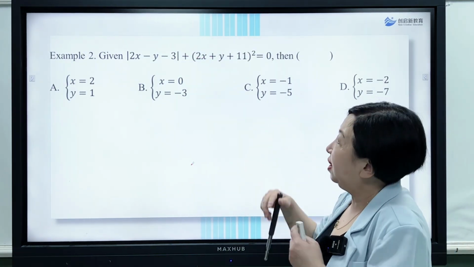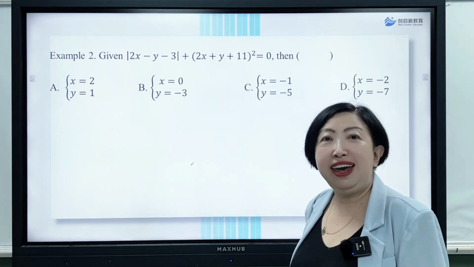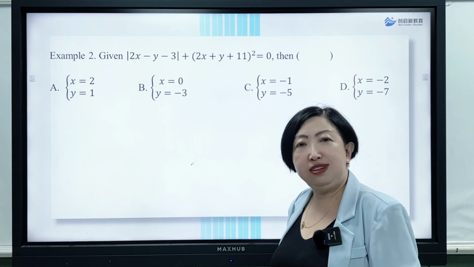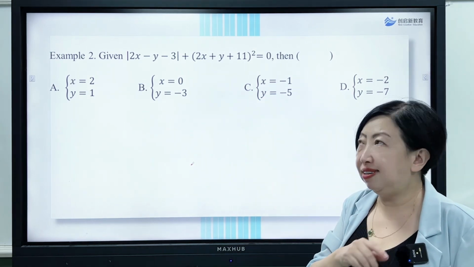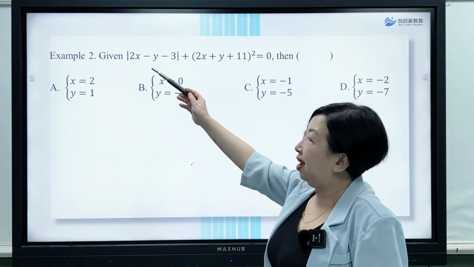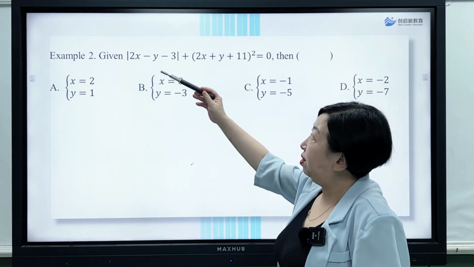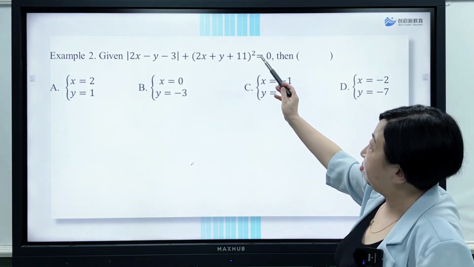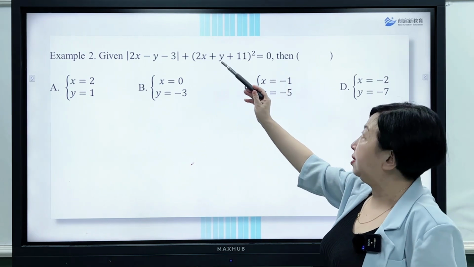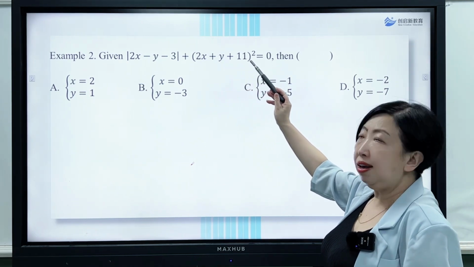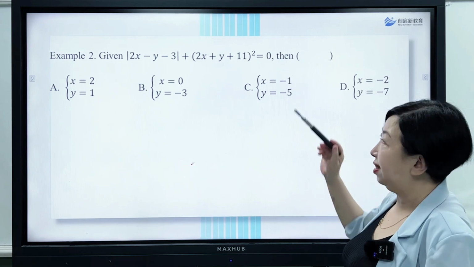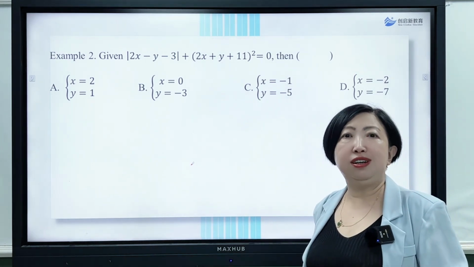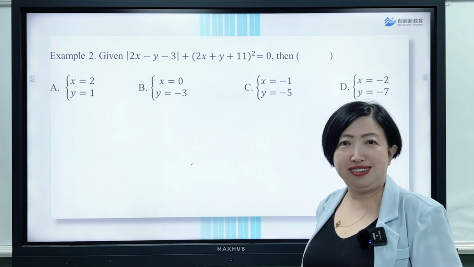Let's go on. Example about the absolute value and squares. We can use the equation to get the answer. Here, the absolute value of 2x minus y minus 3 plus the square of 2x plus y plus 11 equals 0. Which is the right answer?